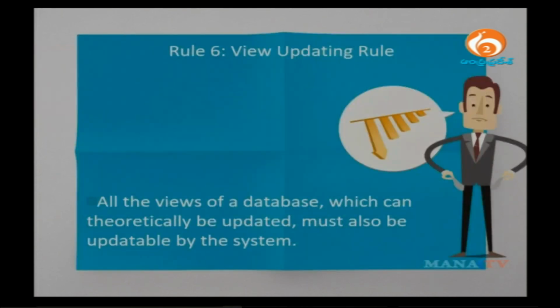The next rule is the view updating rule. Theoretically, you can say that you can update the information, but the system you design must also be capable of doing it practically. When data is updated from the theoretical end, the system should also be capable of viewing and updating the information of a particular user.